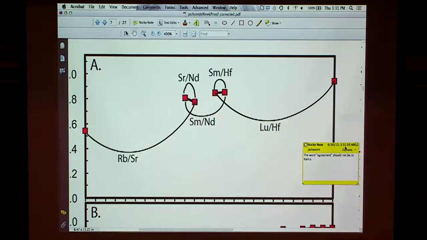And then lutetium, hafnium. That's a system we didn't discuss, but it's very similar to the samarium, neodymium system, in that the daughter, hafnium, is more incompatible than the parent, whereas with rubidium, strontium, the daughter is less incompatible.